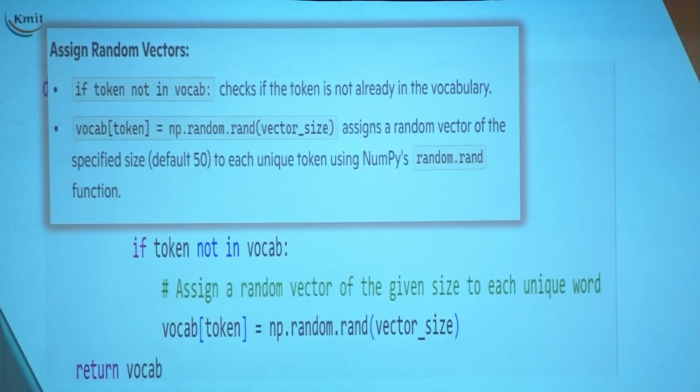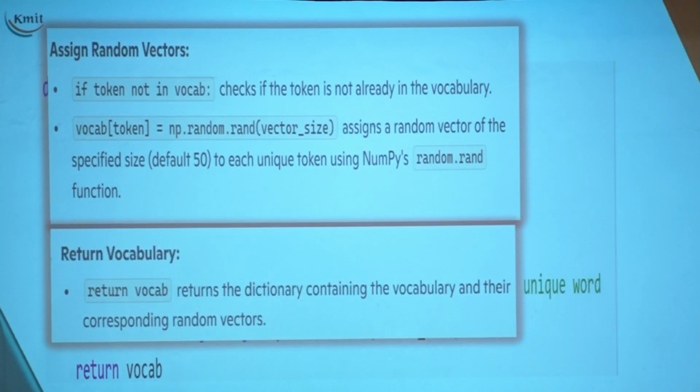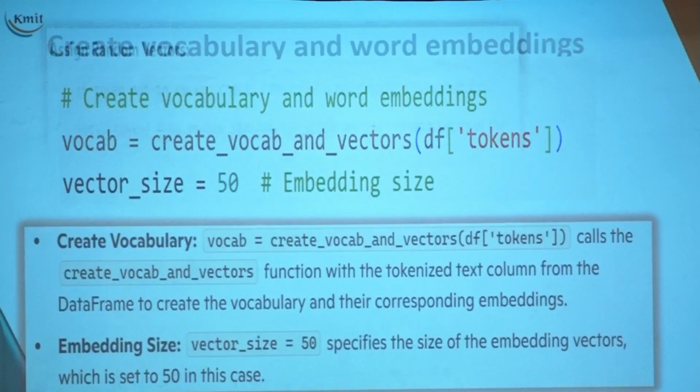Now in this method, I am trying to build a vocabulary, that is, I am trying to build my word embeddings throughout. So I scan through all the rows, and inside every row, all the words, check if the token is not repeated, and then convert that into fixed size vectors, creating my vocabulary. Clear enough, guys? Here it is going to give me output as a dictionary containing the vocabulary and their corresponding vectors. Clear enough? So we built a vocabulary.